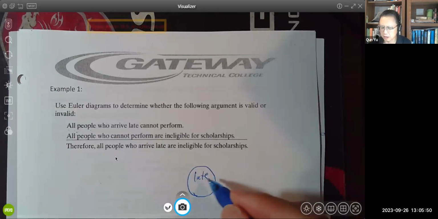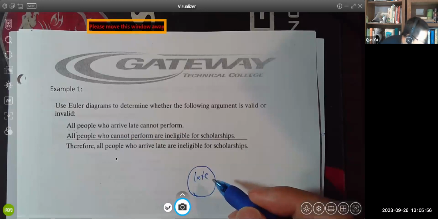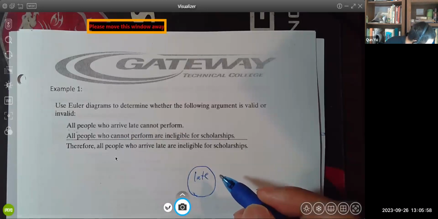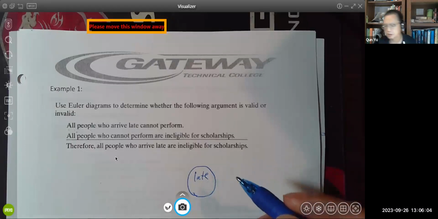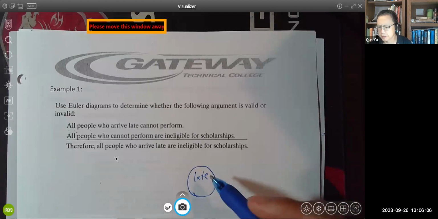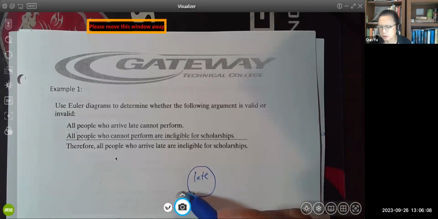Let's make things a little bit simpler. This represents people who arrive late, this whole thing, so that I don't have to write every single word. Let me get some markers here. So B has to be bigger.